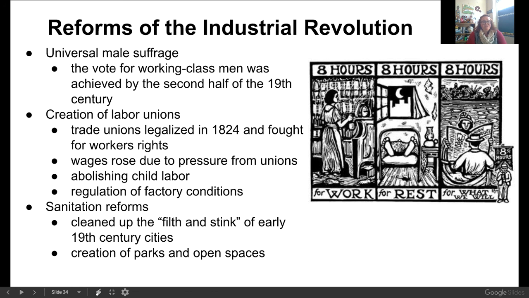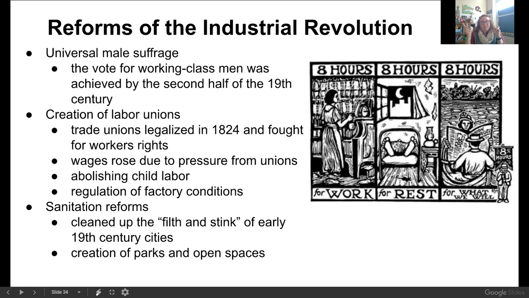There was also the creation of labor unions. The trade unions were legalized in 1824, and they fought for workers' rights. So wages rose because of the pressure that the unions put on the government. They also abolished child labor and started enforcing regulation of factory conditions. Now, as a whole, public health became a major issue during this time, so there were sanitation reforms put in place.